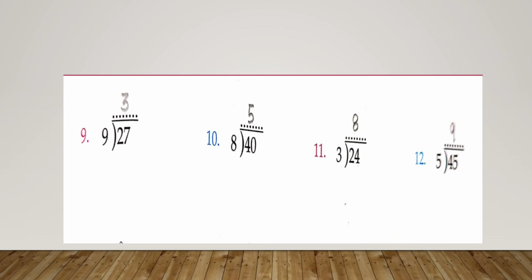So children, you will read the table of 8 until you get 40. 8 1s are 8, 8 2s are 16, 8 3s are 24, 8 4s are 32 and 8 5s are 40. So children, here you will write 5 as quotient and 5 will be your answer.